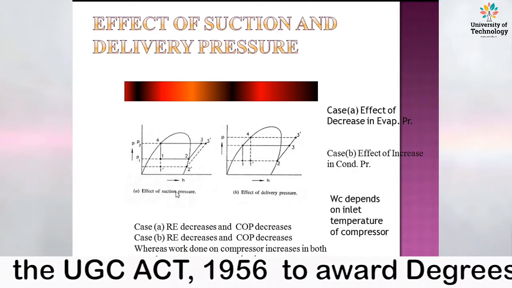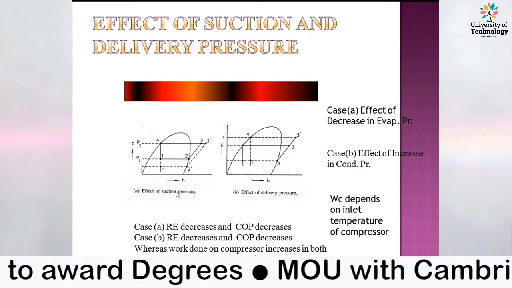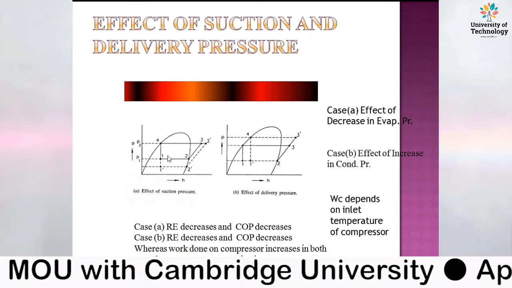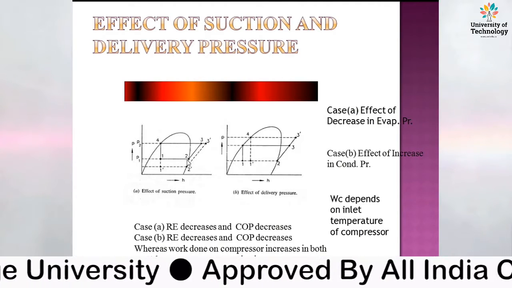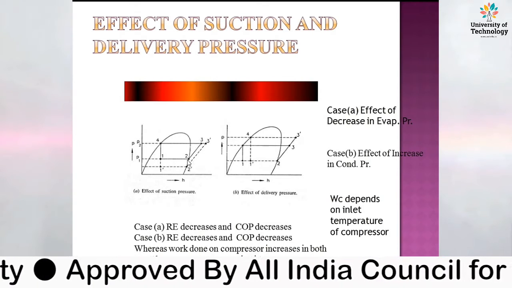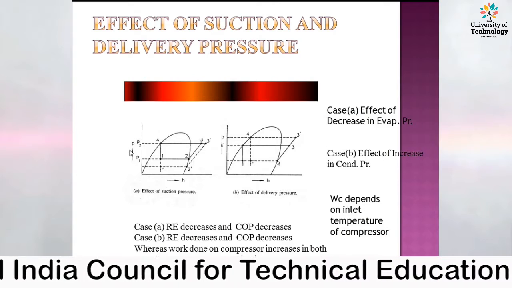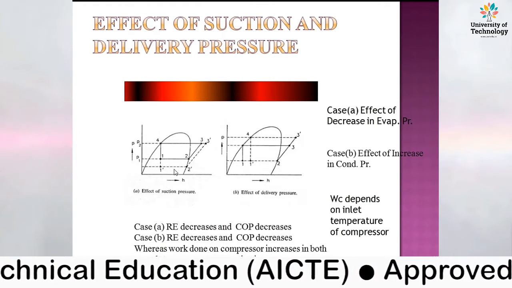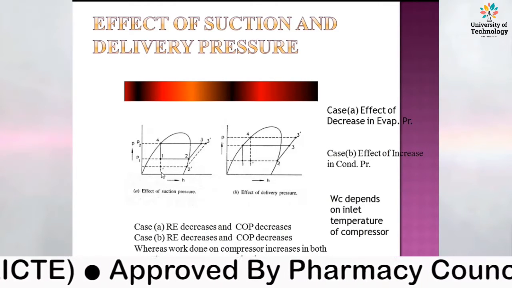From figure A for the simple vapor compression refrigeration cycle, the initial cycle is 1, 2, 3, 4, and after reducing the pressure from P1 to P1 dash, the new cycle is 1 dash, 2 dash, 3 dash, 4 dash.